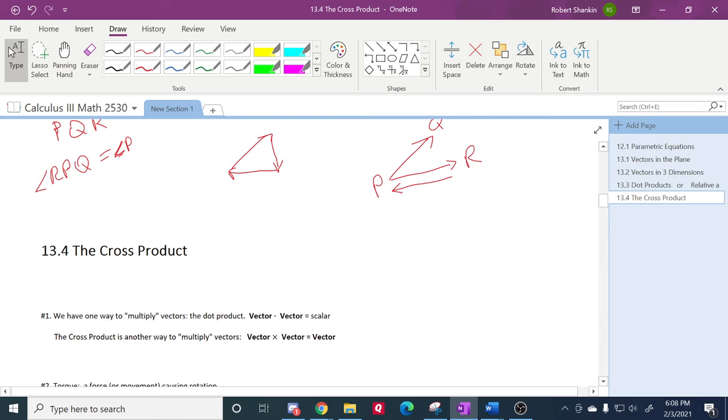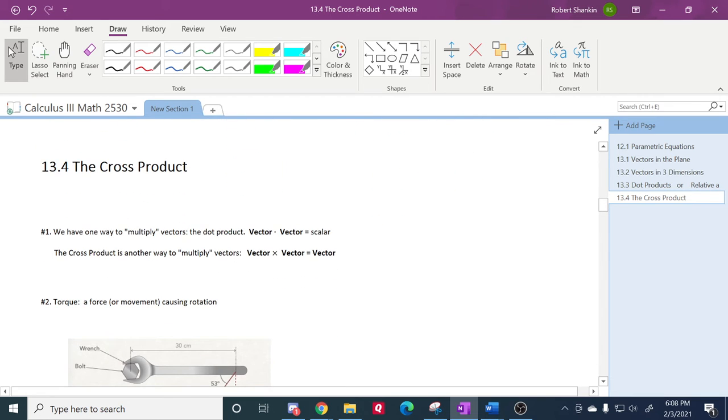All right. So we have one way to, quote, multiply vectors, which is the dot product. And this little old dot right here, we'll use proper language. It's a dot product, we won't say multiplication, because there's going to be another way to multiply two vectors together.